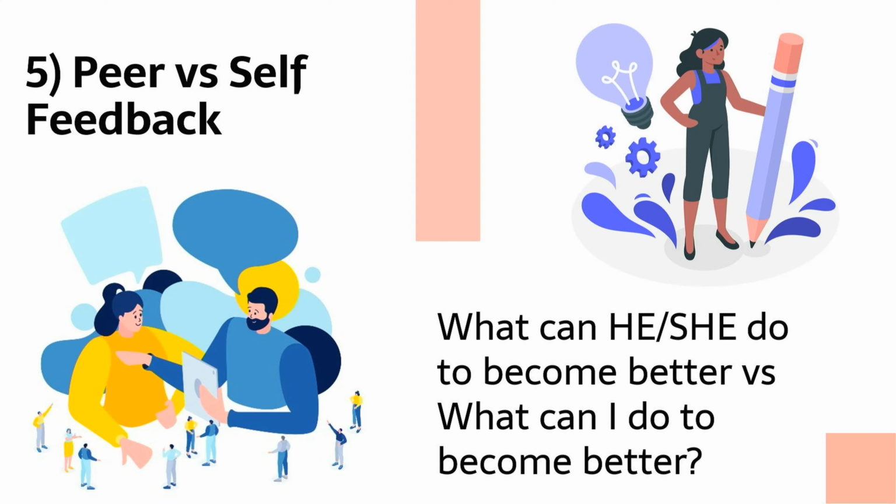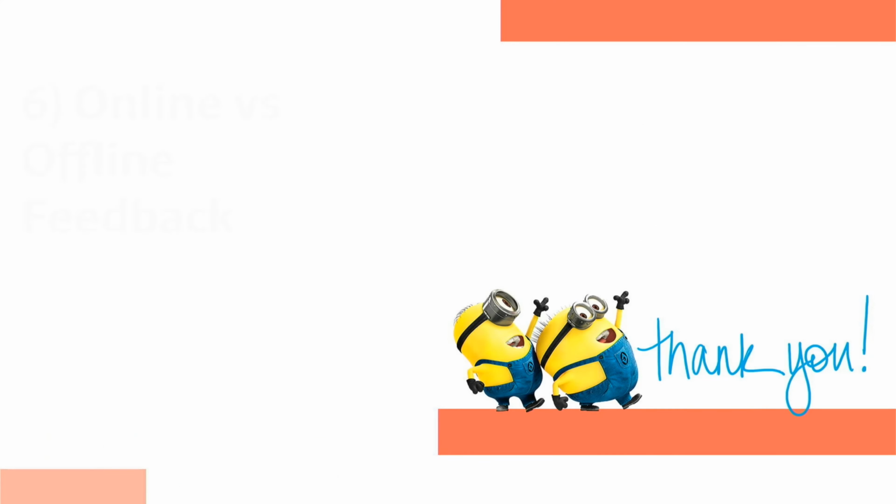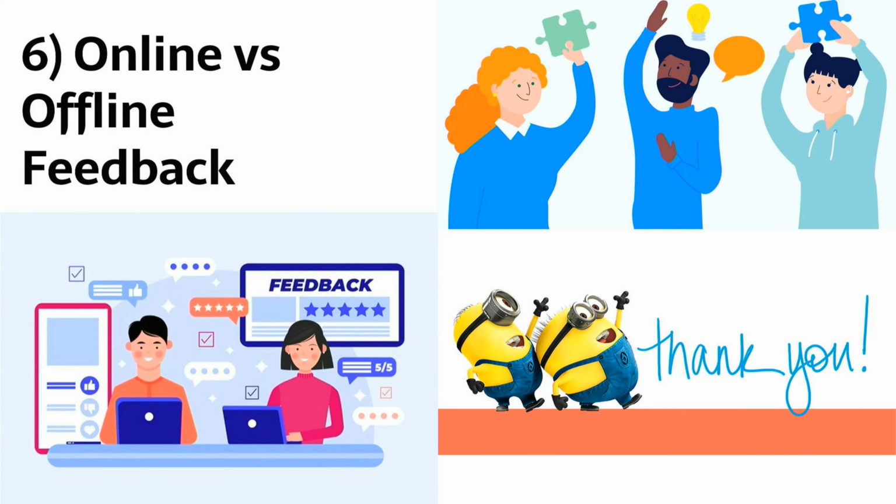This is the difference between peer feedback and self feedback. Next is online feedback and offline feedback. Online is a very popular way to collect feedback now, especially after these two years of online working and online studies. But still, offline feedback, when we are actually given paper forms and we have to fill in the details, is called offline feedback.